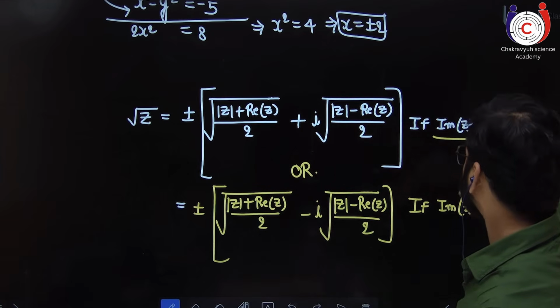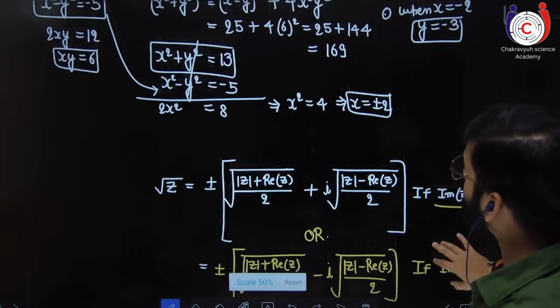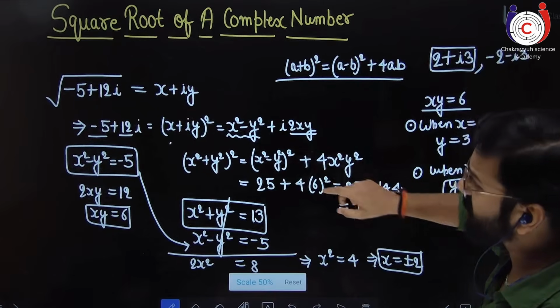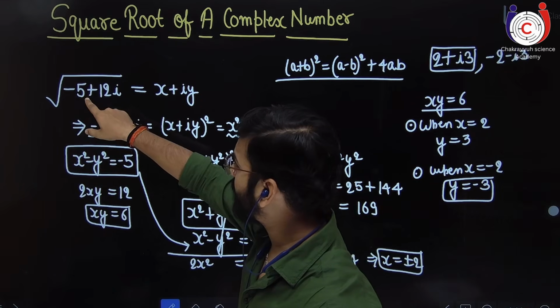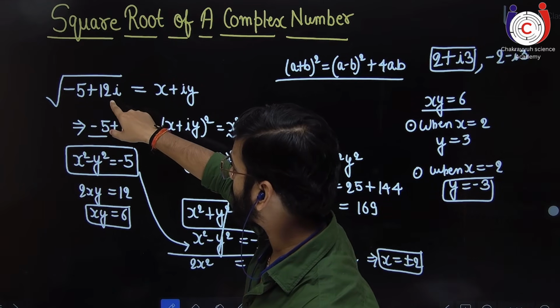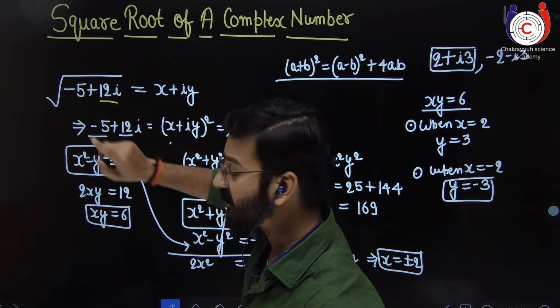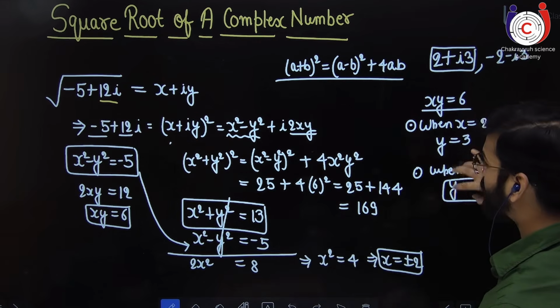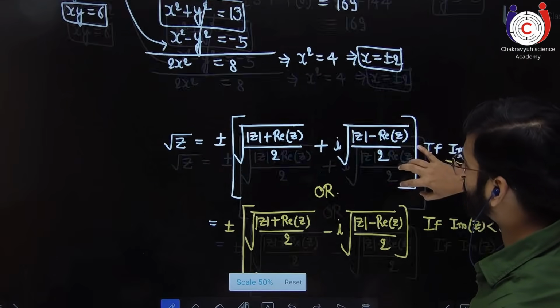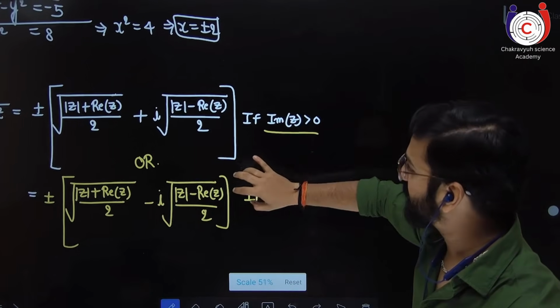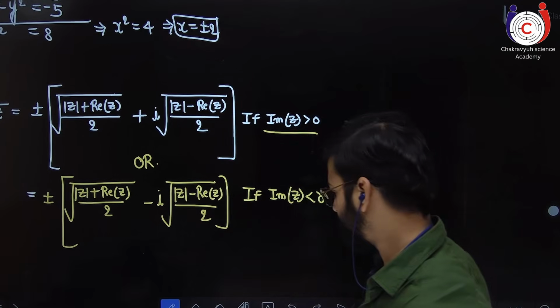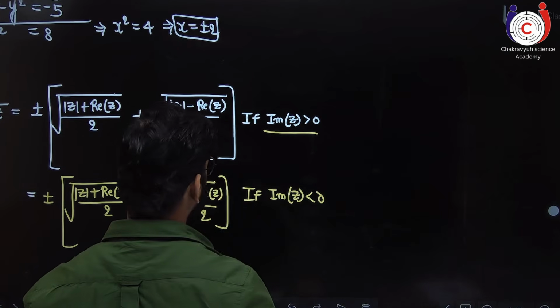Let's use it. So if you see the question here, the question is finding the square root of minus 5 plus 12 iota. Here the imaginary part is positive. So if the imaginary part is positive, which expression will we use? The first one.